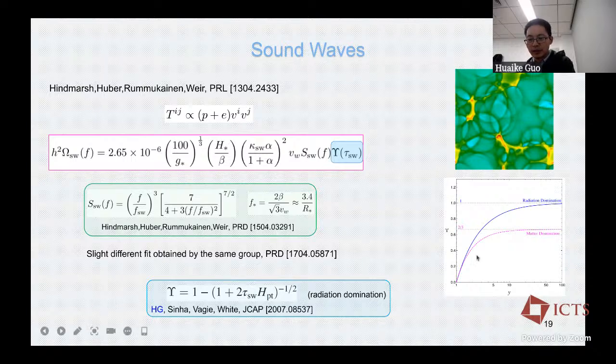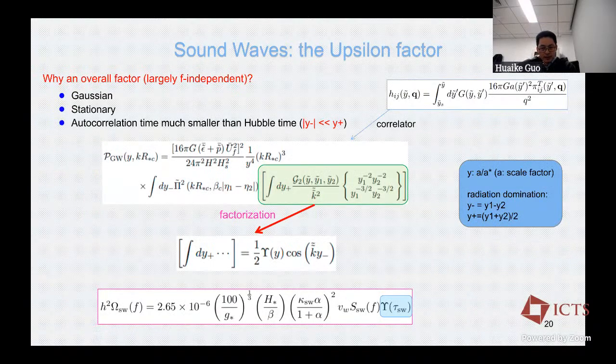As the plasma is being diluted, you will see that the gravitational wave production becomes slower. Reflecting in this figure, you will see that the slope becomes smaller and smaller. Eventually, when you reach this point, for example, you will have the full production of gravitational waves, where epsilon approaches 1. So recently we have generalized this suppression factor.